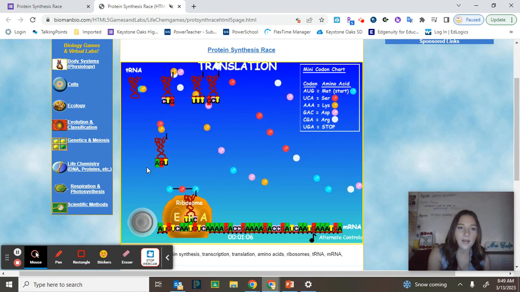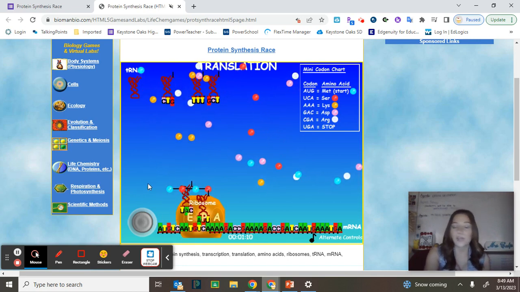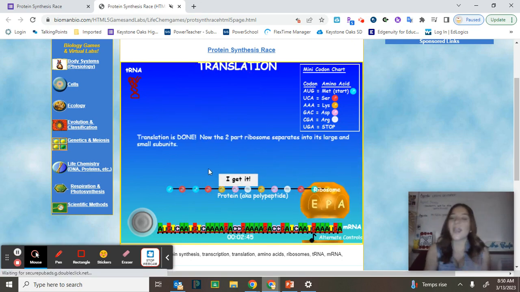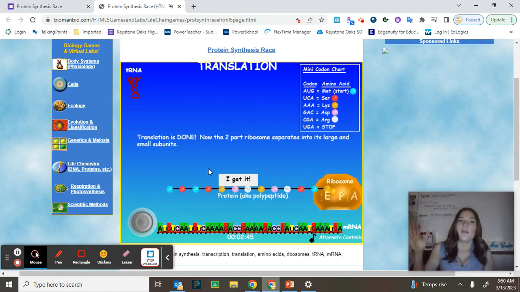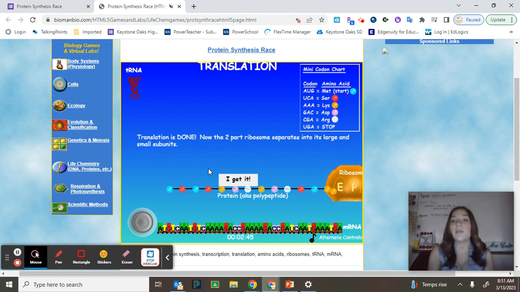AGU, same one, is going to be my next amino acid in this polypeptide. All right, so I continued to move down the mRNA, looking at each codon, matched it with the appropriate anticodon in the tRNA, picked up the appropriate amino acid based on my codon chart, and I built this polypeptide. So I just finished translation.